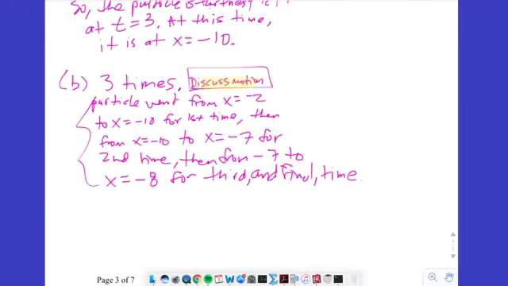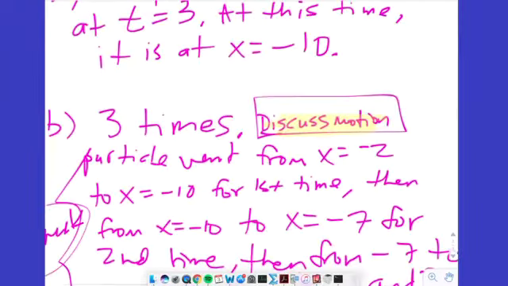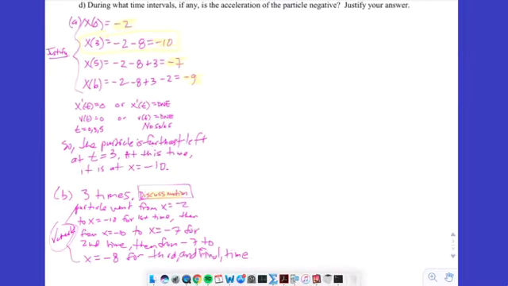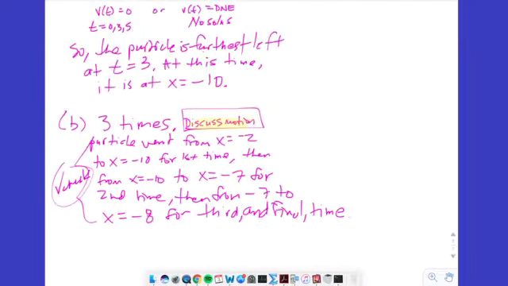Now, the explanation is only worth 1 check. So if you don't get all 9 because for some reason you didn't talk about movement, you talked about stationary positions, you get 8 out of 9 instead of 9 out of 9. It's no big deal, okay? But just knowing that it's 3, you get the check for that. All right, any comments or questions then on part B?